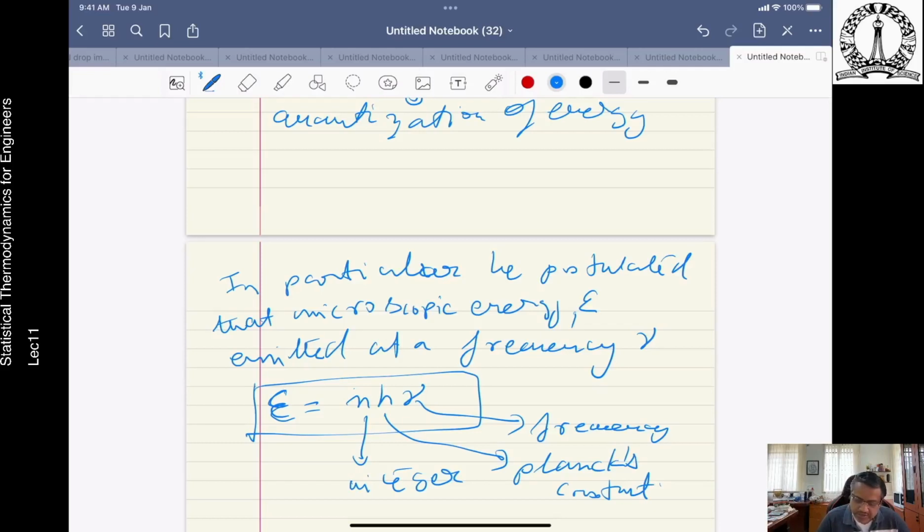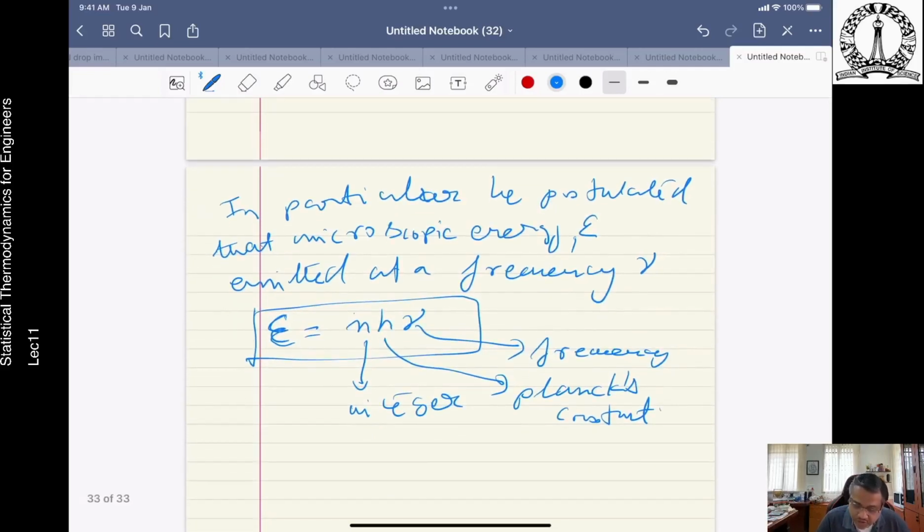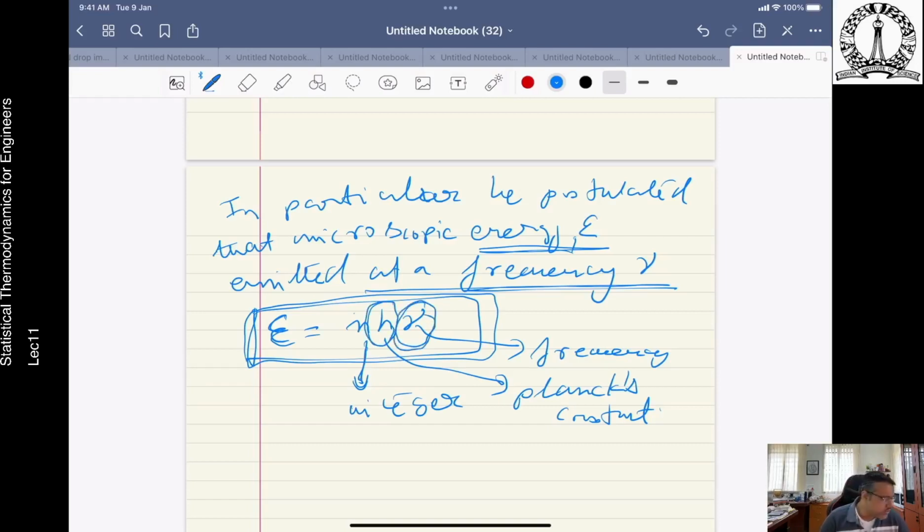So based on this, he postulated that the microscopic energy E emitted at a frequency gamma is given by this particular form, where n is an integer, so this ensures the packeted nature of the energy, and h is the Planck's constant, and gamma is the frequency.